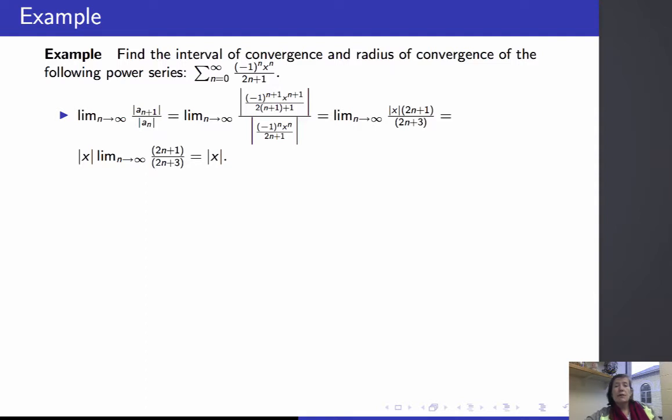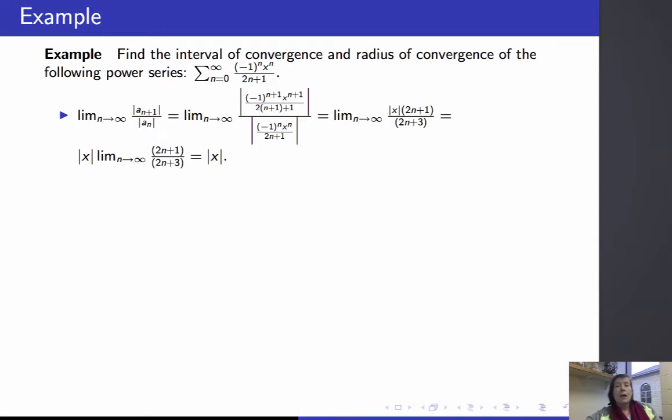And after cancelling the absolute value of x^n here, we get the limit as n goes to infinity of the absolute value of x times (2n plus 1) over (2n plus 3). Now we're assuming x is fixed, but we haven't specified what it is. But whatever it is, it has nothing to do with the value of n.